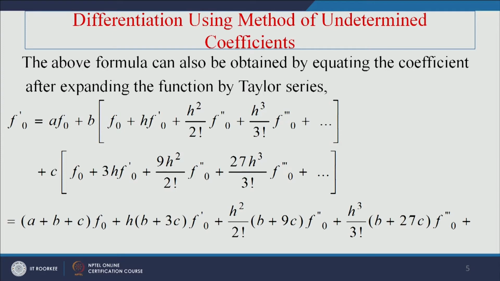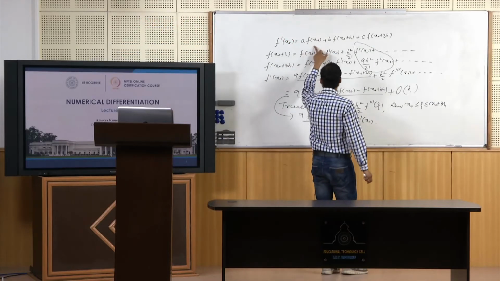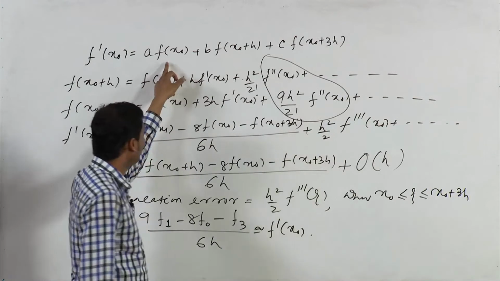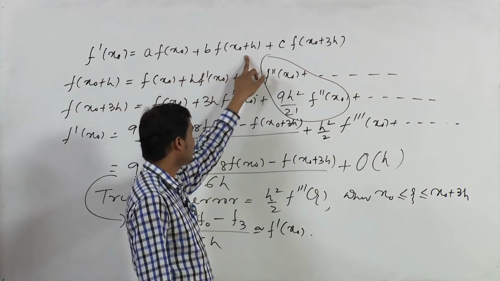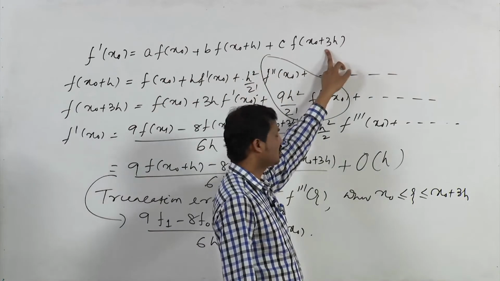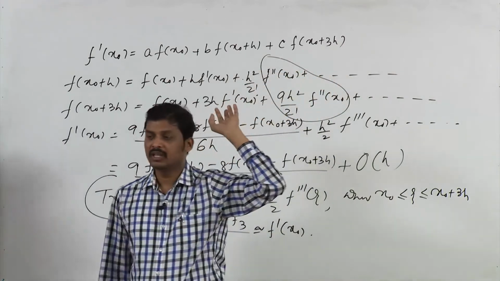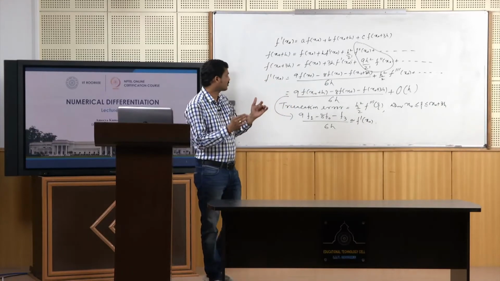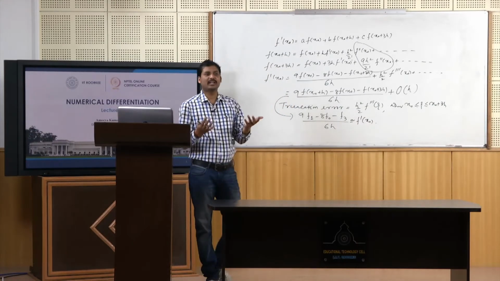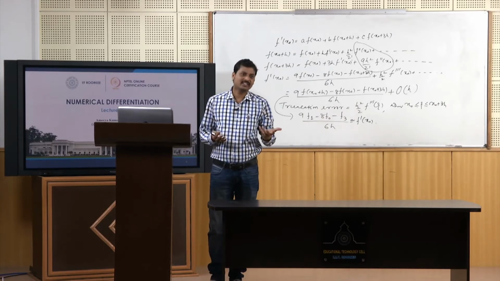The first term a f(x0) we keep as a f0, and the second and third terms we write in Taylor series expansion form. Then we equate the coefficients on both sides and solve these equations to find the values of a, b and c.